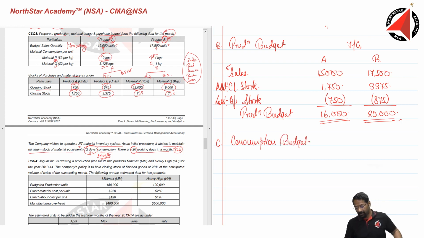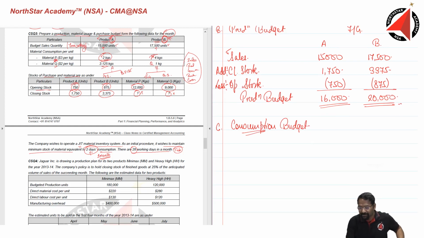Consumption means consumption of finished goods or of raw material? Consumption means raw material, so the heading will be raw material P and raw material Q.